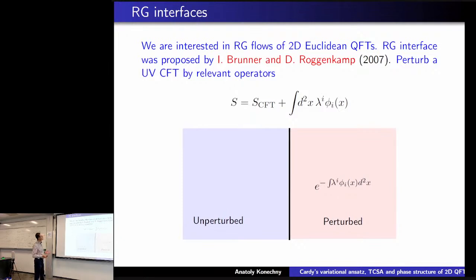And one tool which seems to be fitted to these particular questions is the so-called renormalization group interface. The idea was proposed by Brunner and Roggenkamp, and in simple terms, you just switch on your perturbation on a half space.